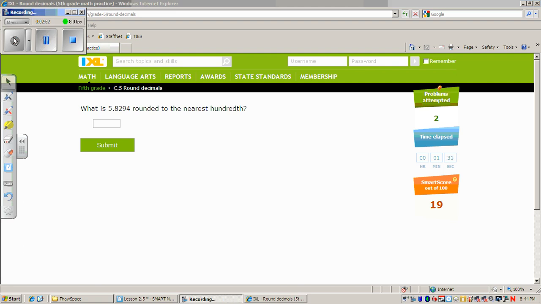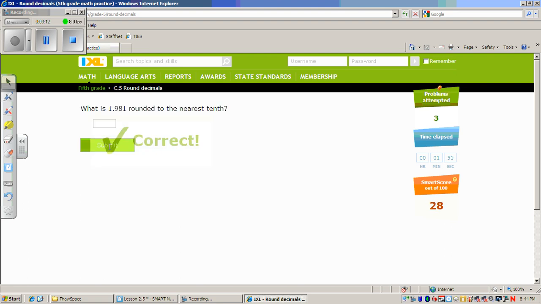So 0.8 is tenths, 0.2 is hundredths. And we have a 9 in the thousandths place, so we know that 9 is 5 or higher. So I am going to type in 5.83, and we'll see if I'm right. All right, well, let's move on because we don't want to spend our whole time on this.